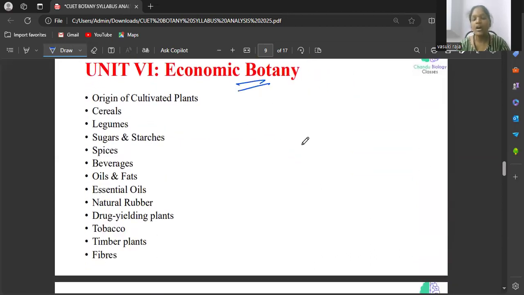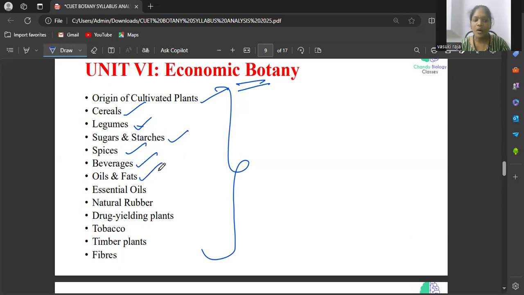Economic botany: how plants are involved in all these things. Like origin of cultivated plants, which plants can be cultivated and which cannot be cultivated, which plants are placed under the category called cereals, which plants are called legumes, and which plants give sugar and starches, spices, beverages, oils and fats, essential oils, natural rubber, drug-yielding plants like tobacco, timber plants, fibers.